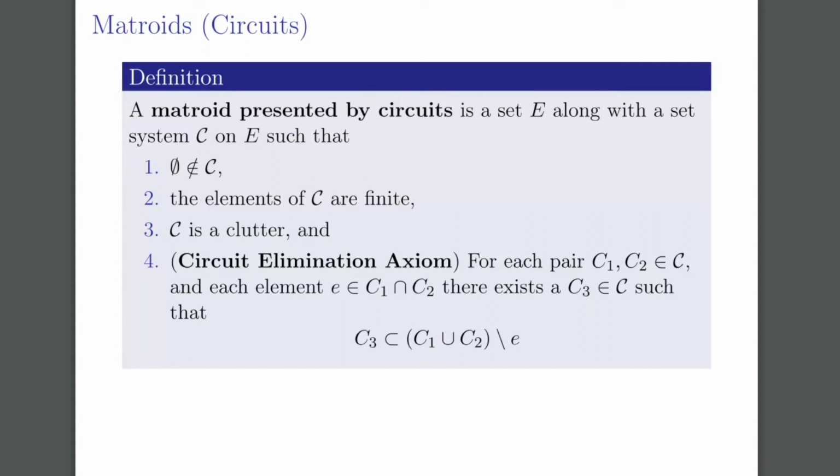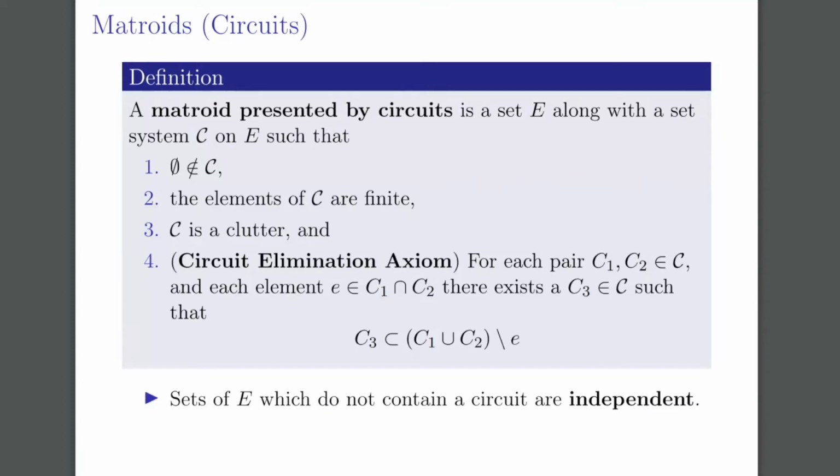But before moving on from the definition of matroid, I need to say a few more things just for a bit of cohesion. The sets of E that don't contain a circuit are called independent, because circuits are also known by another name, which is minimal dependent sets. So the things that don't contain a minimal dependent set are independent.